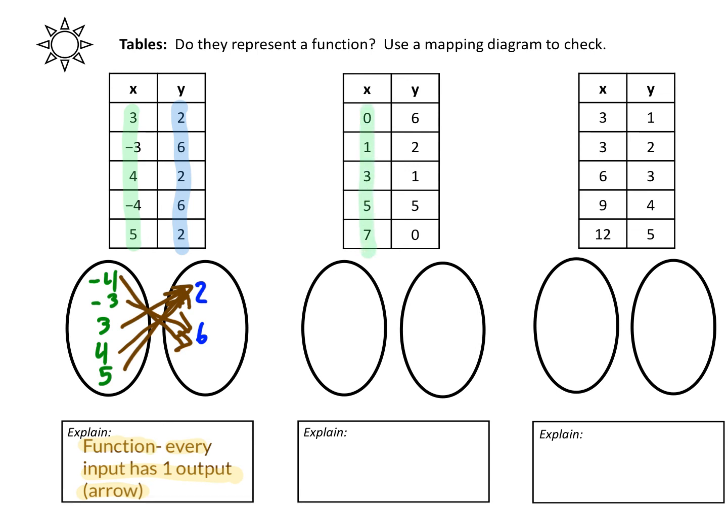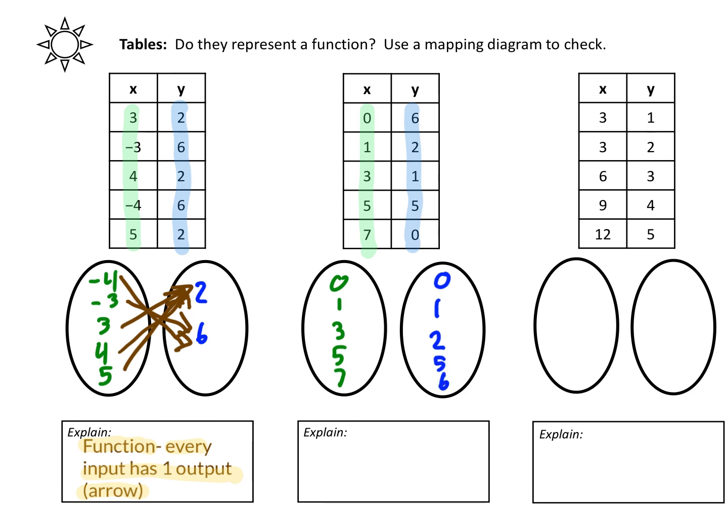Once again, our x values will be our inputs. So we're going to put 0, 1, 3, 5, and 7 on the left. Then we know that our y values have to be our outputs. So we're going to put 0, 1, 2, 5, and 6 on the right.